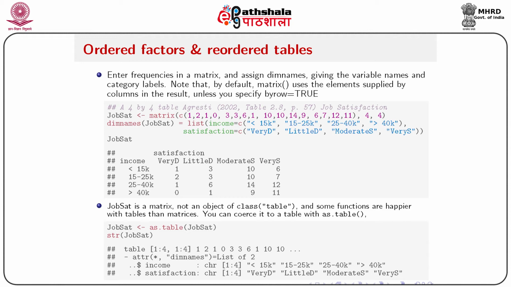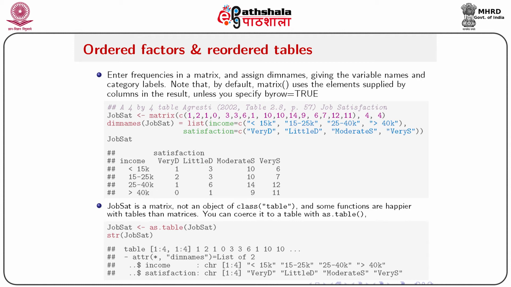If you now display the jobsat data, you can see there is a 4x4 table, and the labels of the factors are properly assigned for both rows and columns. Jobsat is a matrix, not an object of class table, and some functions are happier with tables than matrices.